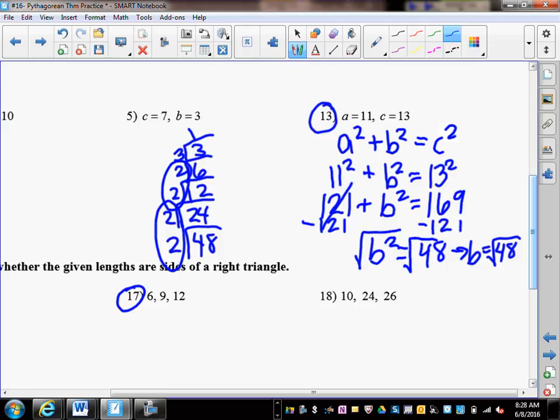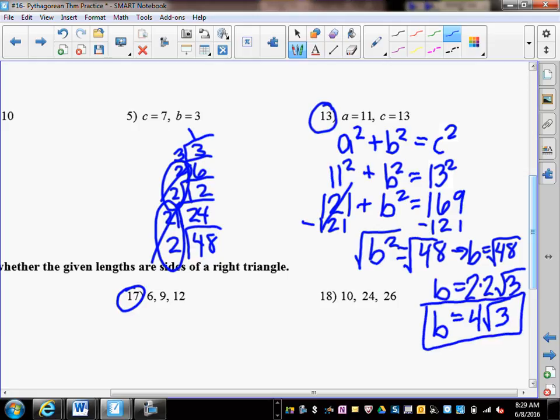So anything that's a group comes out in front. Remember, this is all multiplication. So a group of 2 comes out in front, times another group of 2 that comes out in front, times, anything else that can come out in front? No. So what's left underneath? 3. Good, 3. So simplify this some more, and we get B equals 4 root 3. And that's what you get.